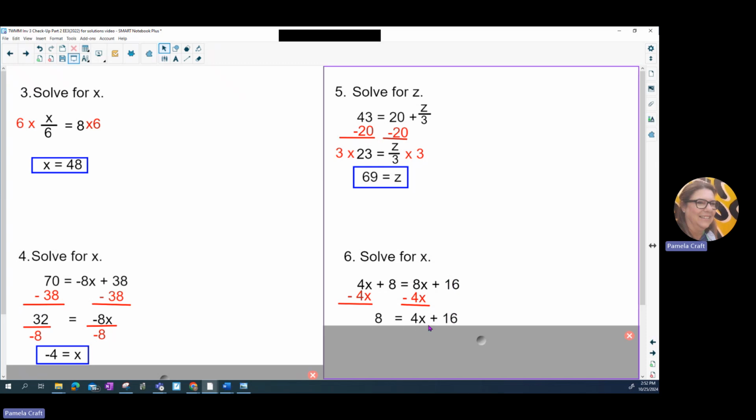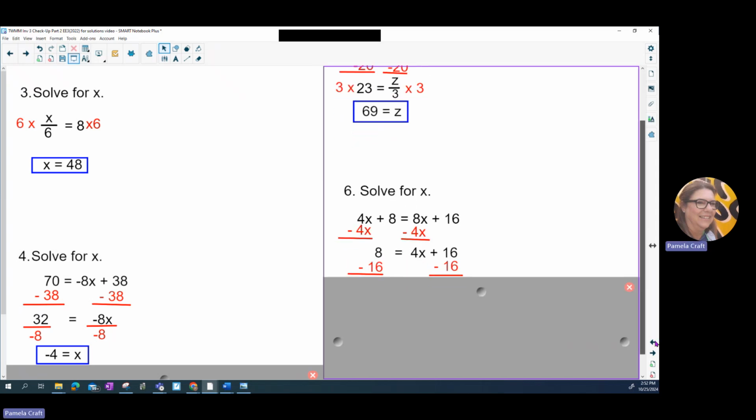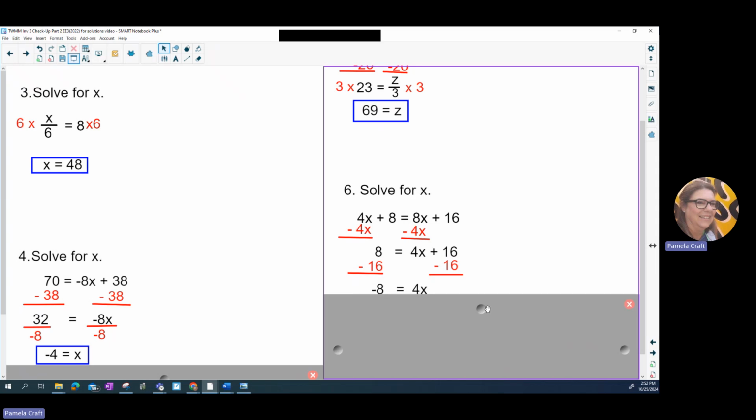Now we have a two-step equation. We have addition and we have multiplication. We're going to get rid of our addition first by subtracting a 16 on both sides. Show that balance. And 8 minus 16 is a negative 8. 4x plus 16 minus 16 leaves you with just that 4x.